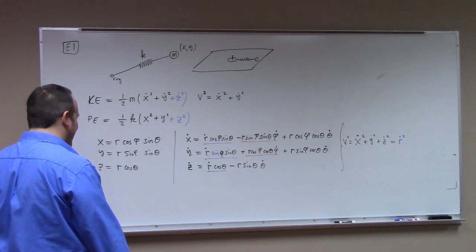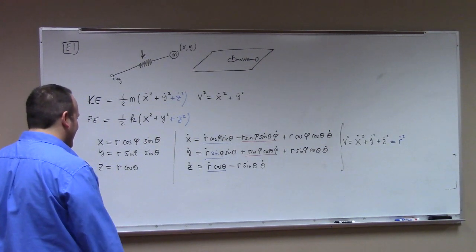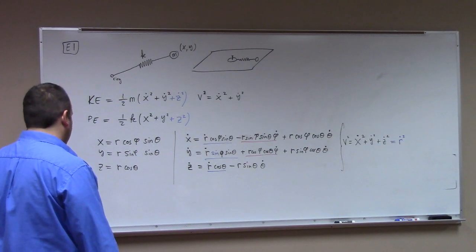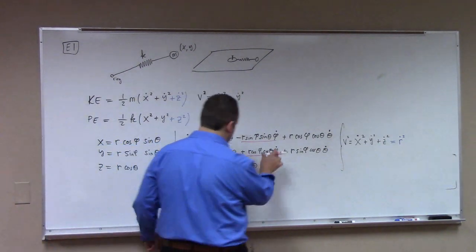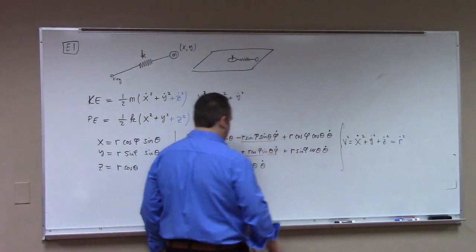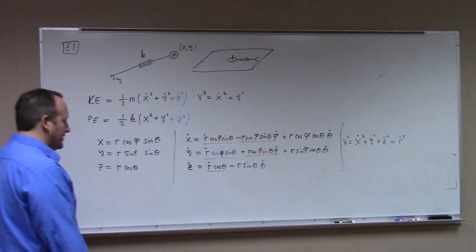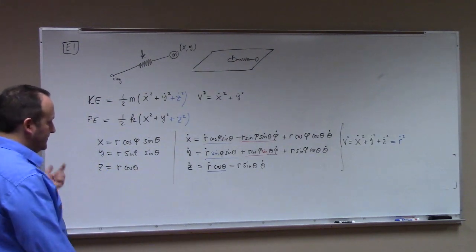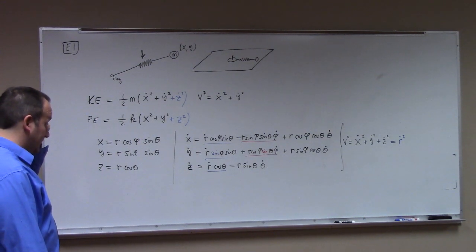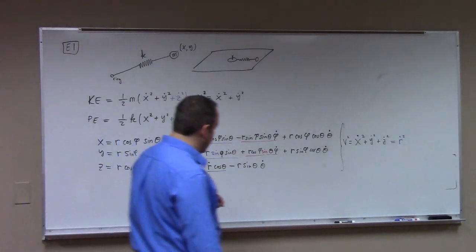Which one is the cosine sine? Thank you. Now, when we look at the phi dot squared terms, we get something nice, namely that the cosine squared plus sine squared of phi becomes 1. Then we're just left with r squared sine squared theta phi dot squared.